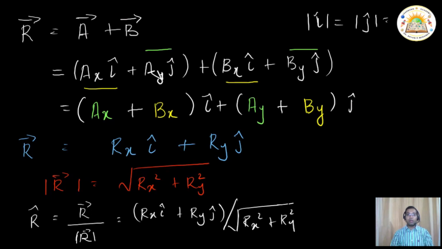Now this we have done along the x-axis, or let's say for two vectors, that is along the x and y axis. What if we have three dimensions? So this was for two dimensions. Now the same concept can be utilized.